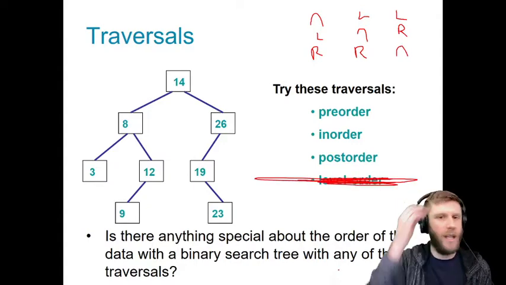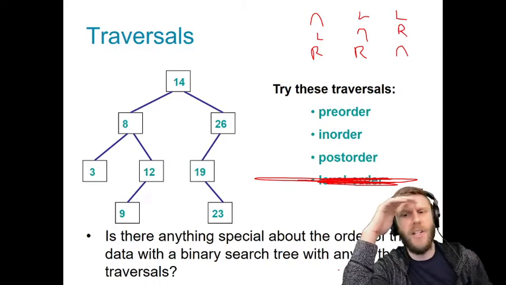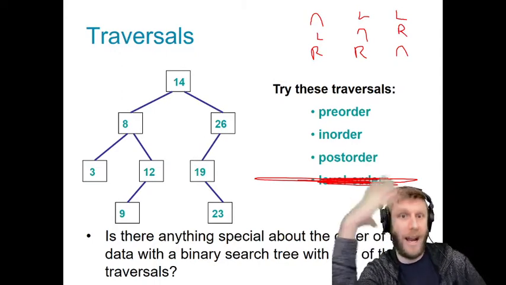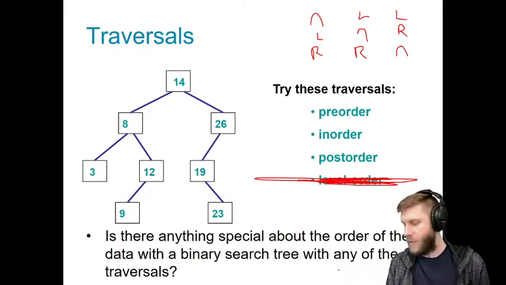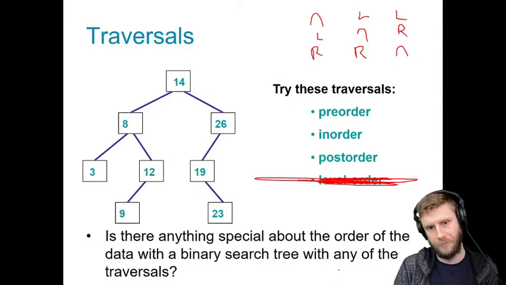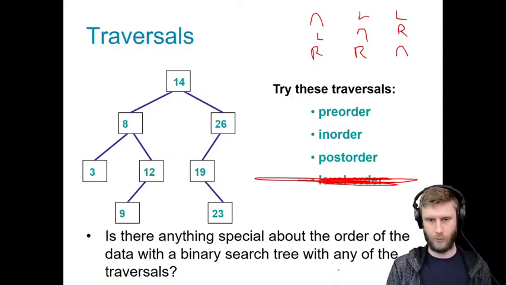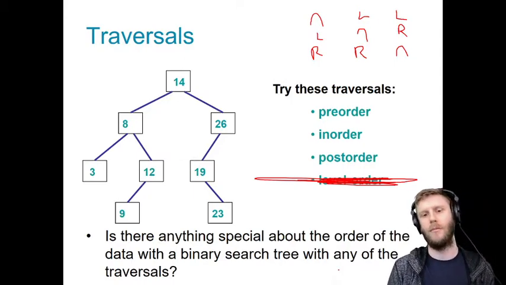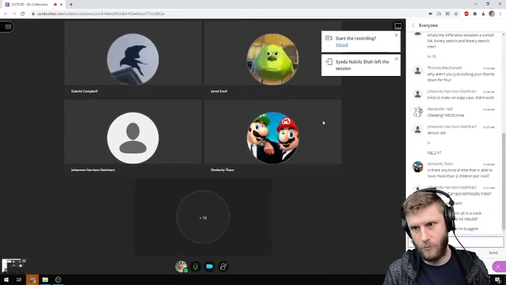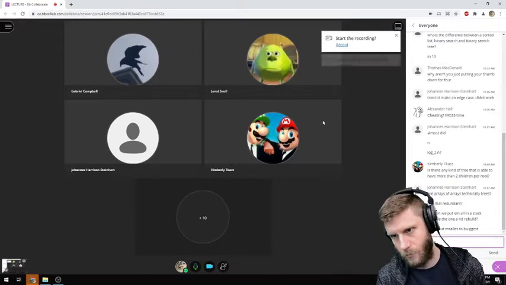So if you're to do these traversals, type in the chat as soon as you find something interesting about one of those traversals with a binary search tree. Because one of them's kind of neat. Which one?